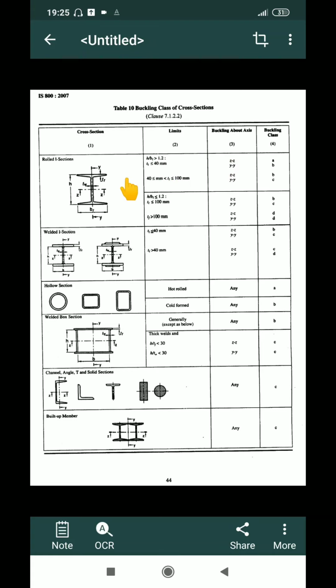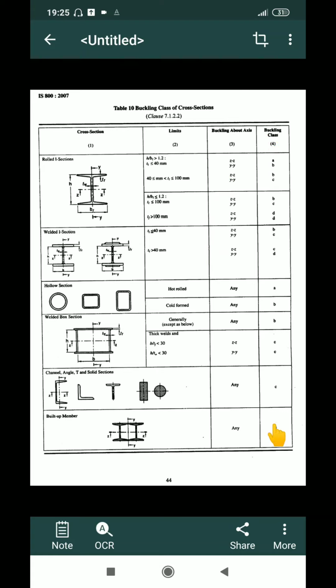And for a typical type of section, say rolled I section, welded I section, hollow sections, box sections, channel, angle, T or solid sections, and built up members, for different types of section I can check these limits and I can decide which buckling class it belongs to.